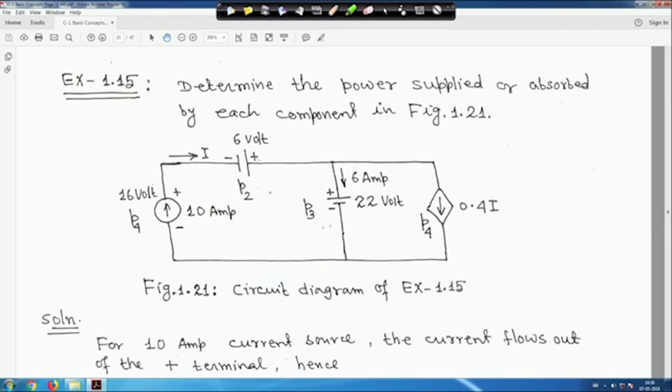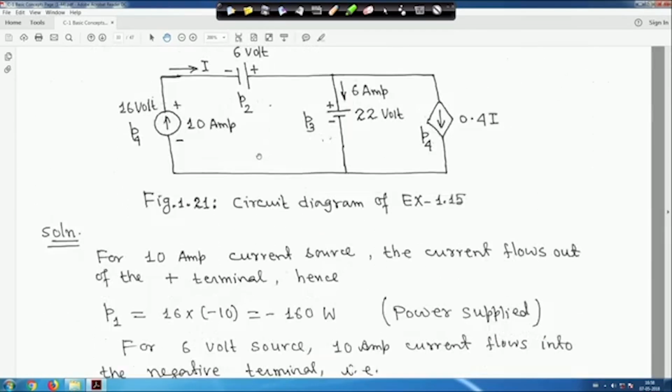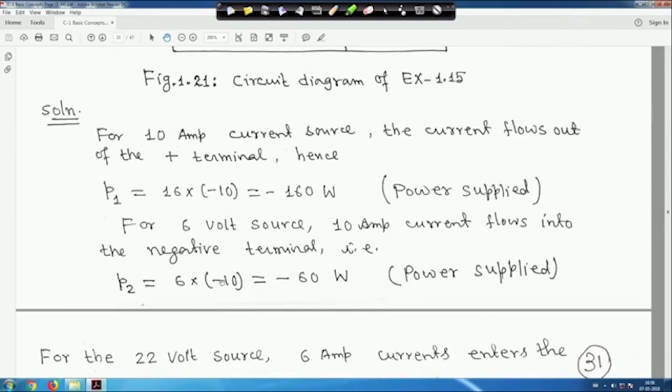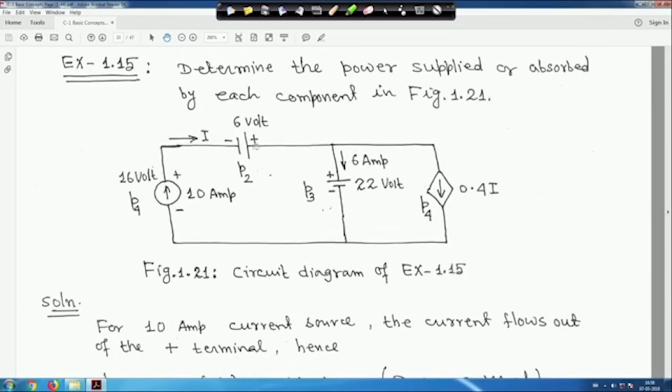So, P2 will be 6 into minus 10, minus 60 watt, power supplied.